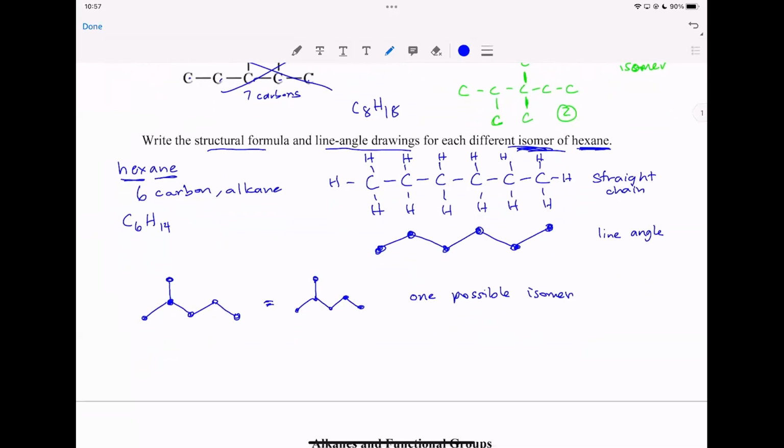Another possible isomer is taking this 1, 2, 3, 4, and then having 2 branches, 1, 2. And then this could also be flipped for the mirror image. And it would be exactly the same, just the mirror image. So this is another possible isomer.